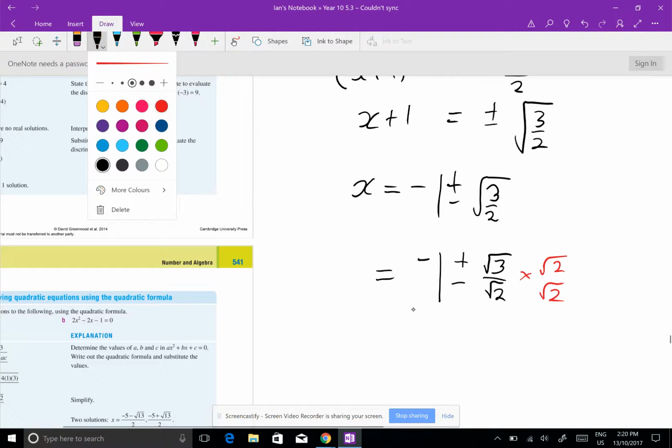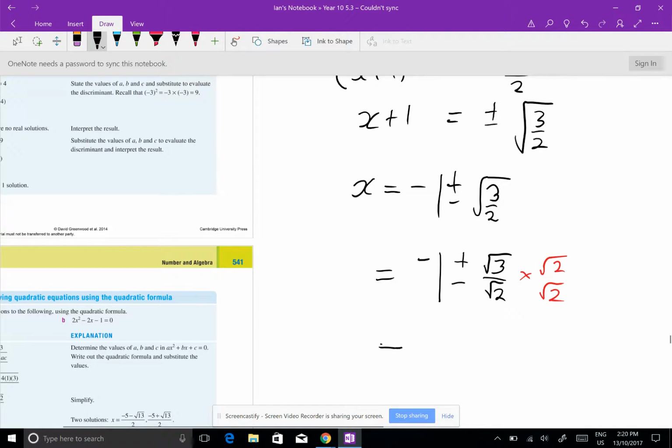And by doing that, they get minus 1 plus or minus, well, root 3 times root 2 is root 6, and root 2 times root 2 is 2. And that's the answer they got in the back, but I would have been happy if you just stopped there.